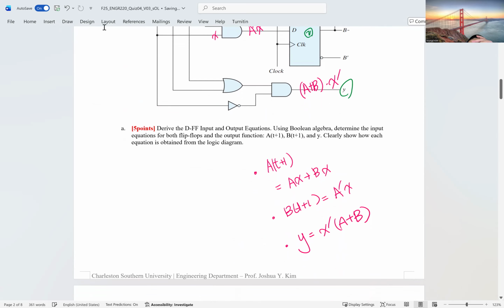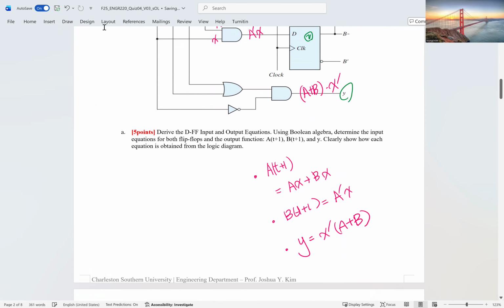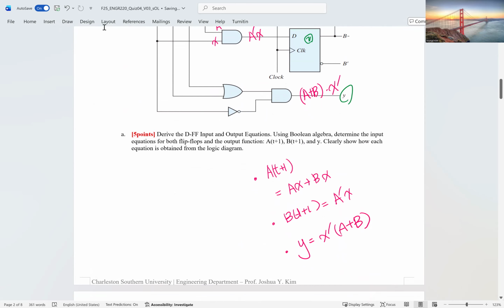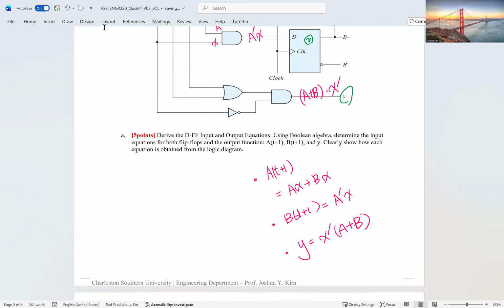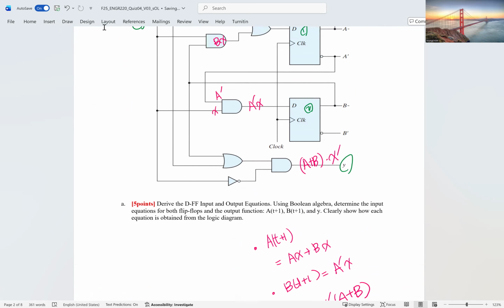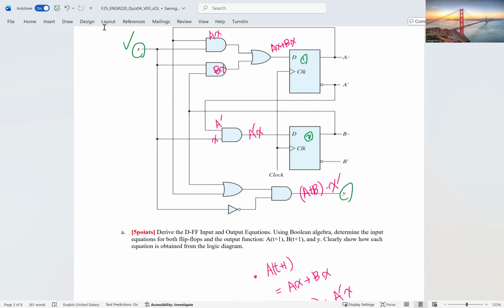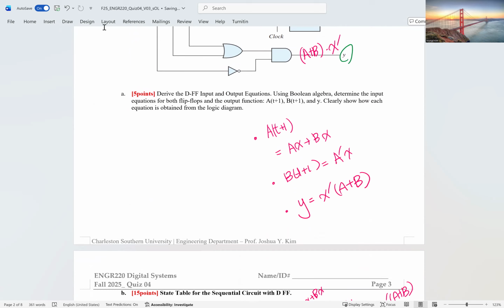So question one: for the D flip-flops, the input and output equations, using Boolean algebra, determine the input equation for both flip-flops and the output function, A over t plus 1, B over t plus 1, and Y, and clearly show how each equation is obtained from the logic diagram. So from the logic diagram, A over t plus 1 is equal to AX plus BX.